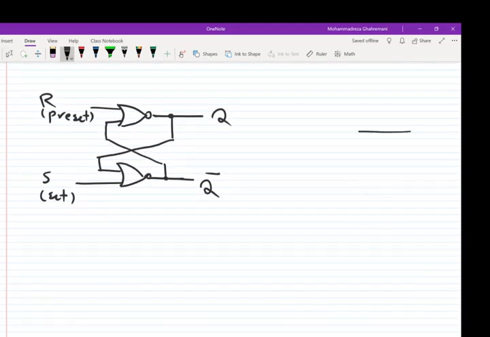Let's have a table. If you remember, for combinational circuits we have something called a truth table, but the same table in sequential circuits we call the characteristic table. So here we have the characteristic table of the SR latch.